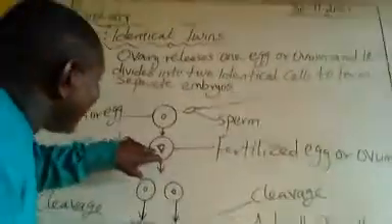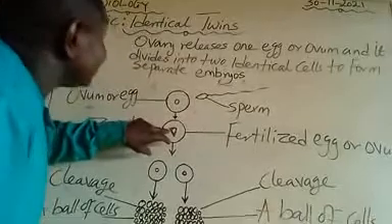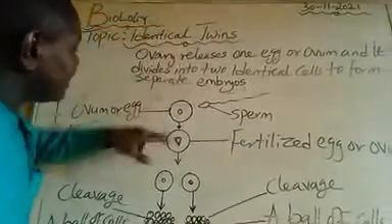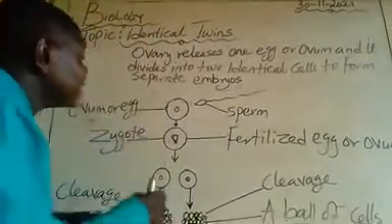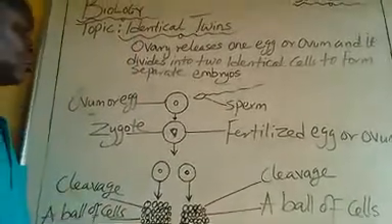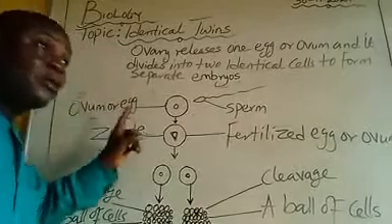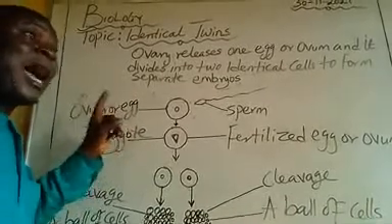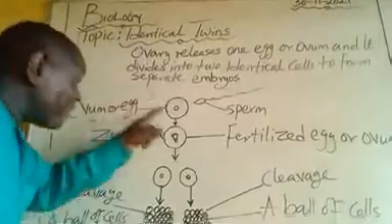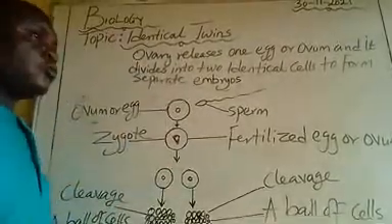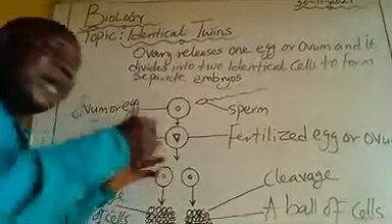In the case of identical twins, this fertilized egg will divide into two. I have one fertilization, not two. An egg is fertilized, but this egg will divide into two identical cells.